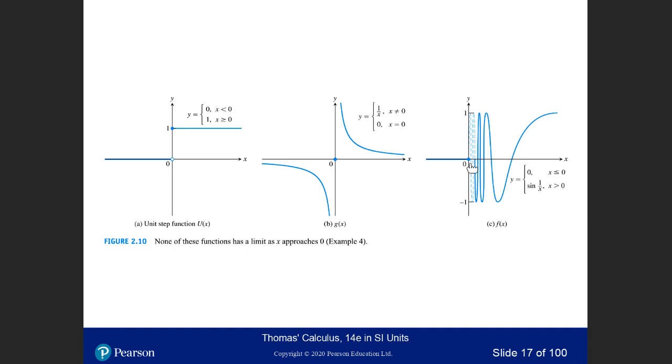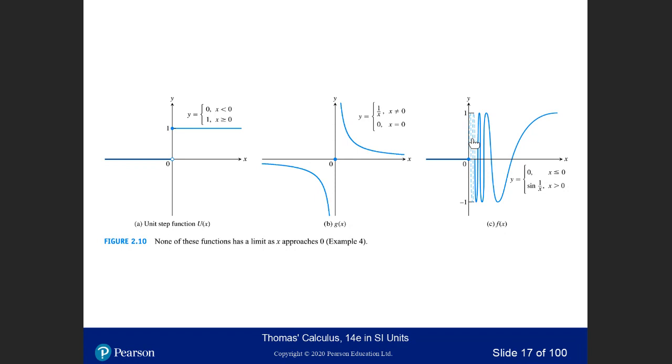So there is no limit at x equal to 0 for this function. Now let's look at this function. y is equal to 0 for x less than or equal to 0, but y is equal to sine of 1 over x for x greater than 0. Okay, when you approach from the left, you have a limit, but when you approach from the right, you don't, because when x is close to 0, 1 over x is a very big number, and the function oscillates wildly close to 0.